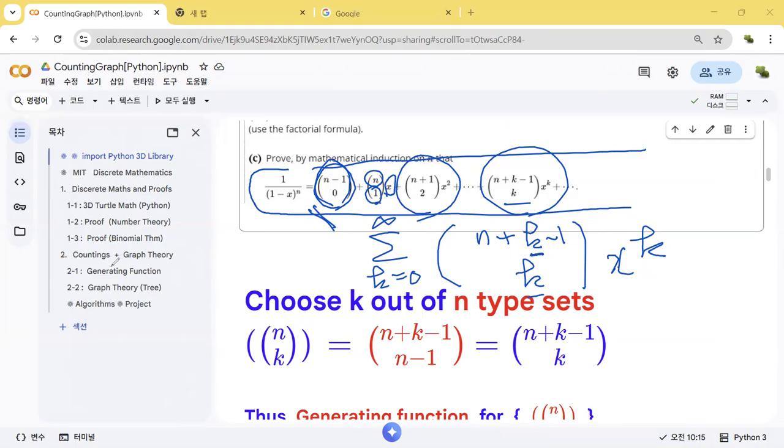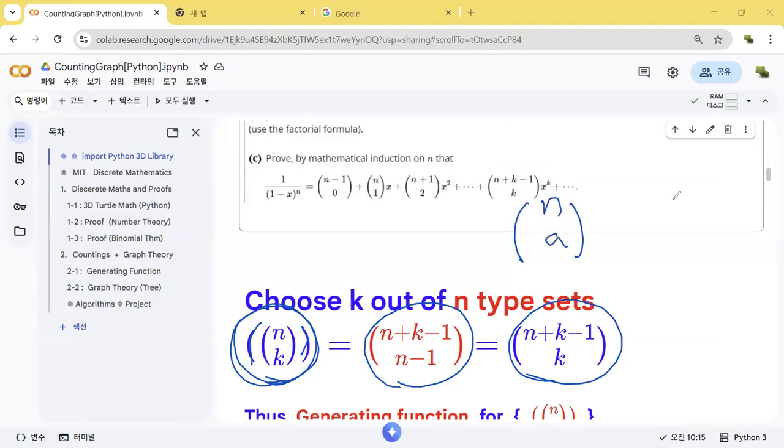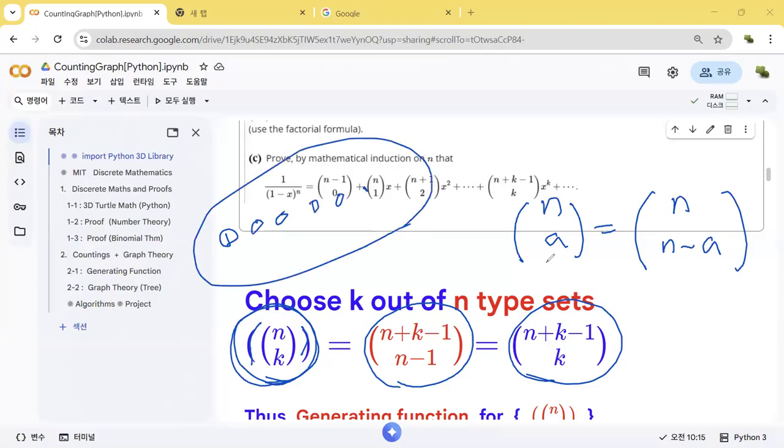Okay, let's define, using two parentheses, this one as this one. Okay, and n plus k minus 1 choose k, and then that is exactly equal to this. I mean, suppose n choose a is equal to n choose n minus a. Why is this the same? Because suppose you have many objects, and choose a.